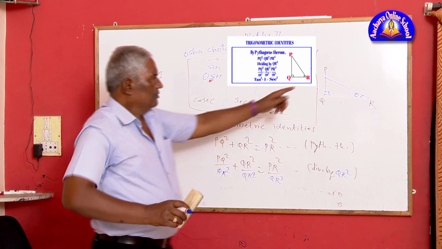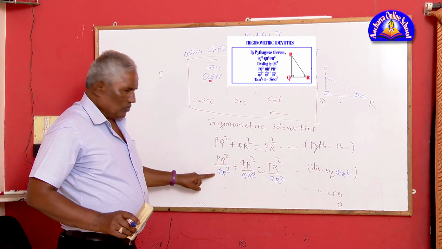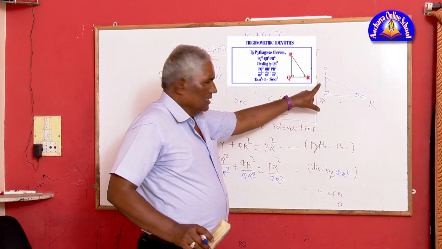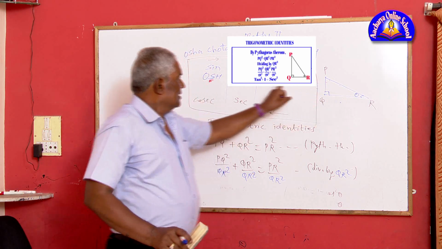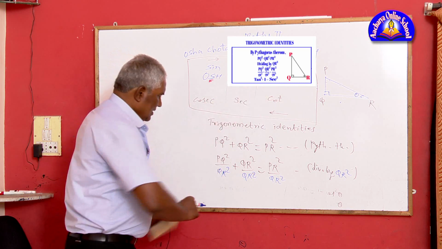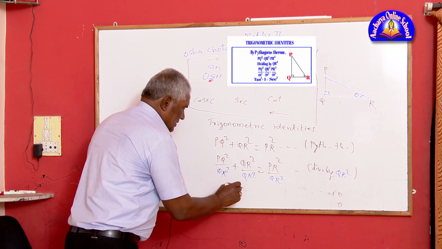Now consider the figure and angle theta. PQ upon QR. For this PQ is the opposite side, QR is the adjacent side. Opposite side upon adjacent side, that is the tan ratio, and there is a square, therefore this is tan square theta.